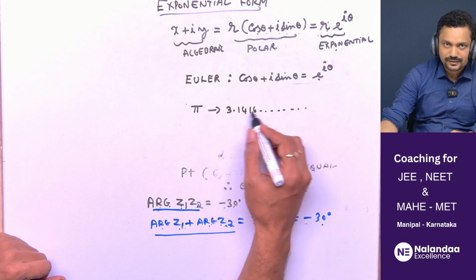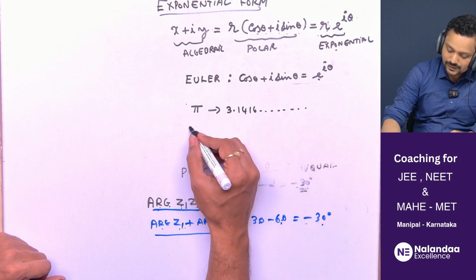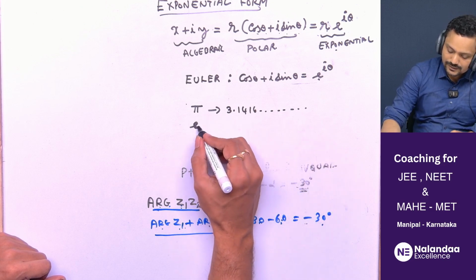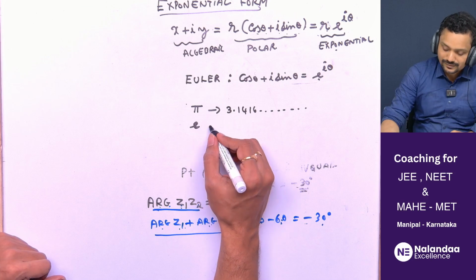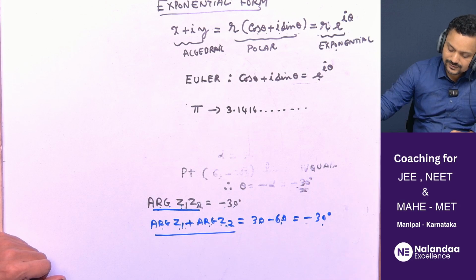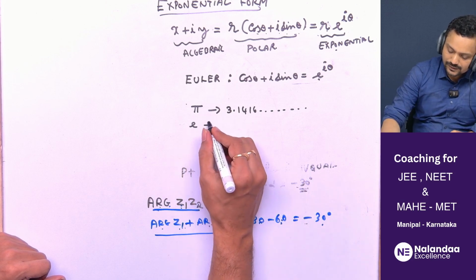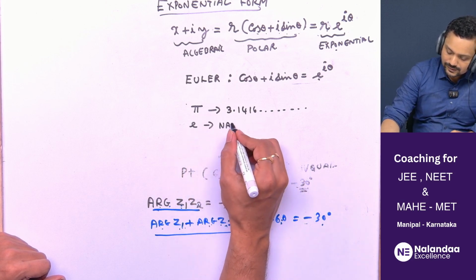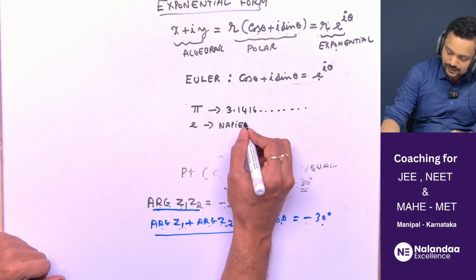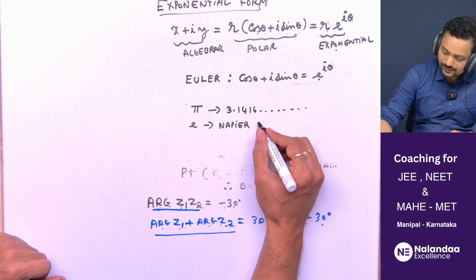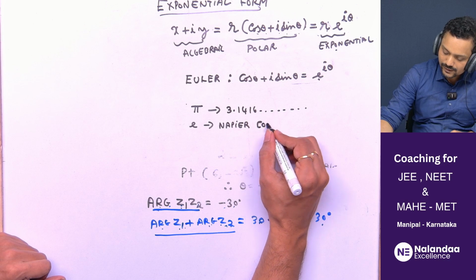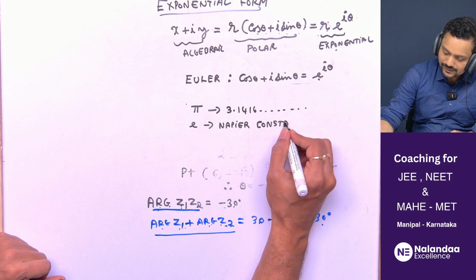Similarly, there is a constant in calculus called e, and this e is called Napier's constant. It was invented by a mathematician named Napier, so it is named after him.